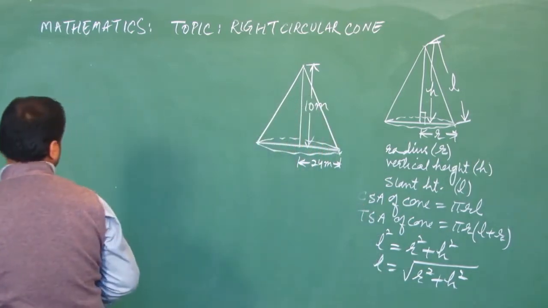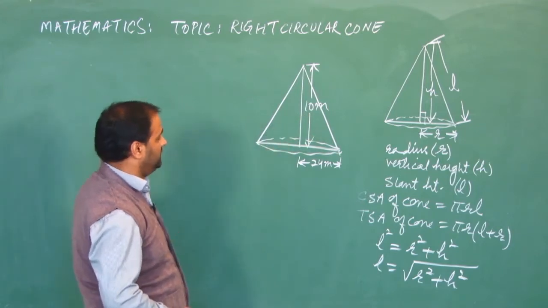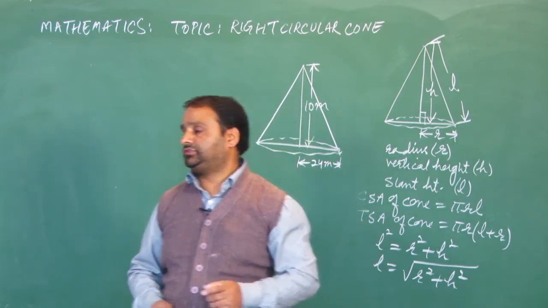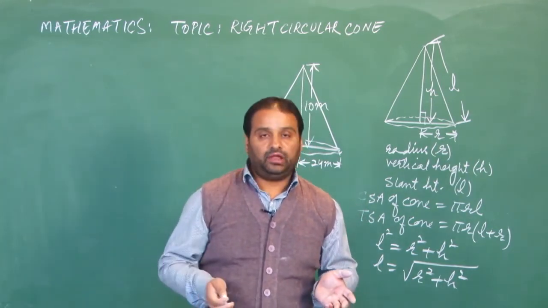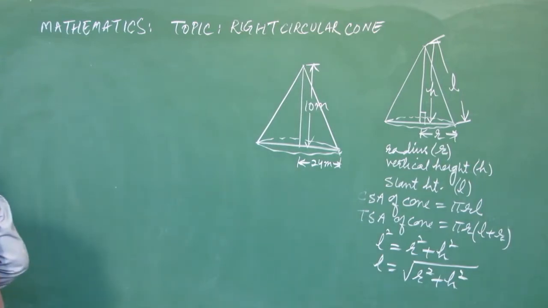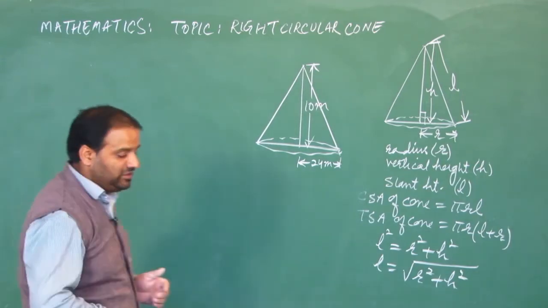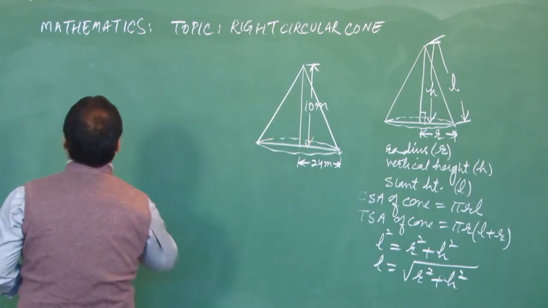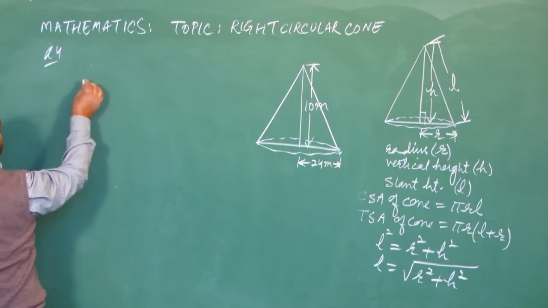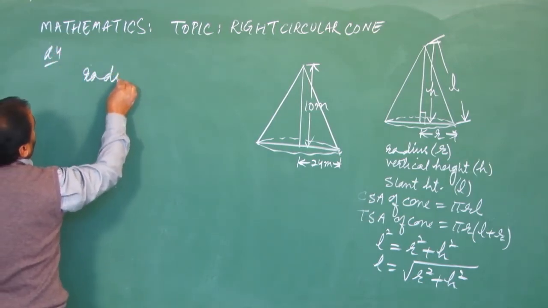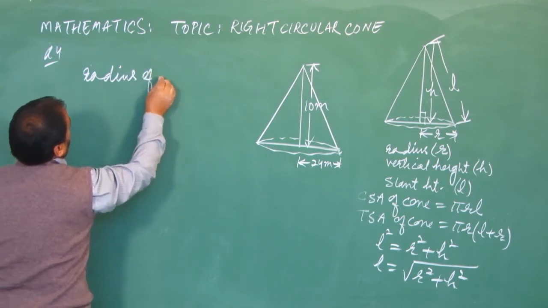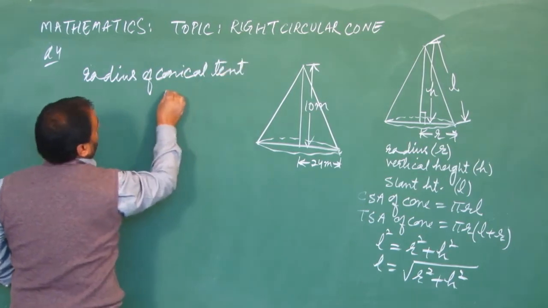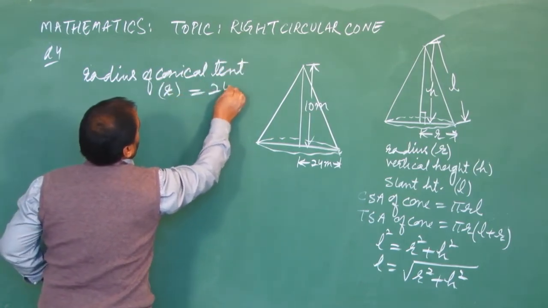So in that question too, we are given the vertical height 10 meters, the radius as 24 meters, and we need to find its slant height. Also we are given that the canvas used in making that tent costs rupees 70 per meter square. Now what is given in that question? The radius of that conical tent is 24 meters.